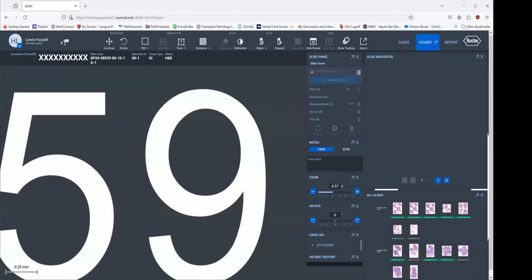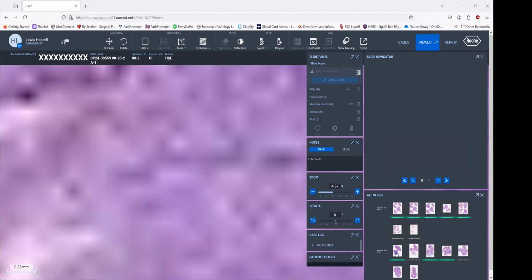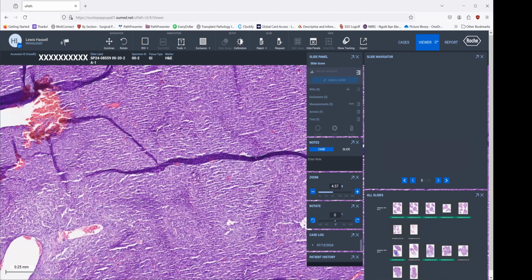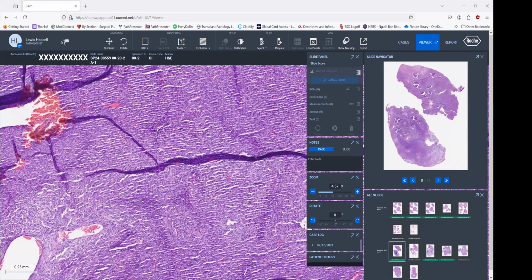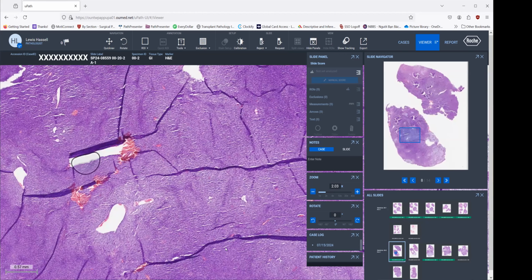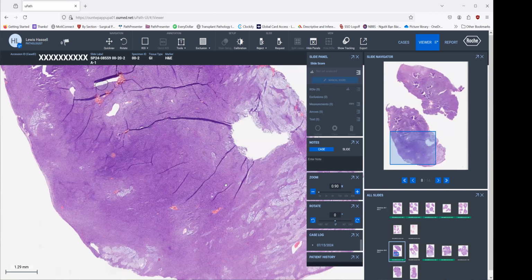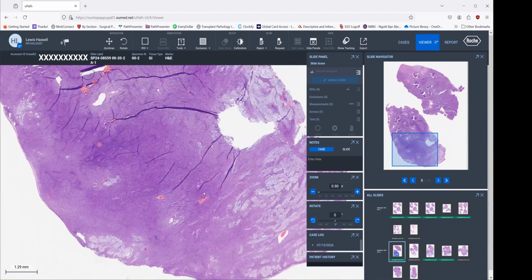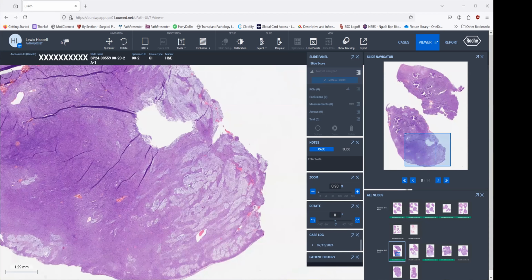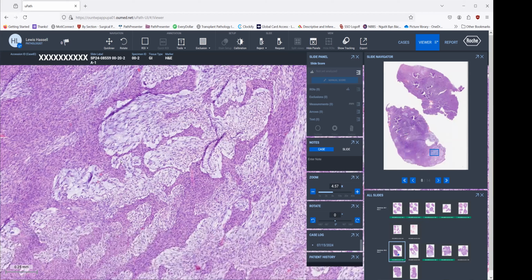We can look at one of the other sections on this tumor. Here you see more spindle cell variety in areas, but even here we don't see much of any treatment response except for this slight myxoid change in areas. So I think this could sometimes throw us off.